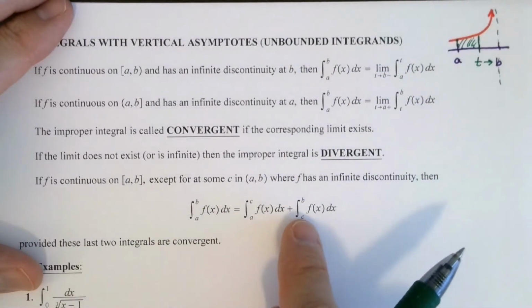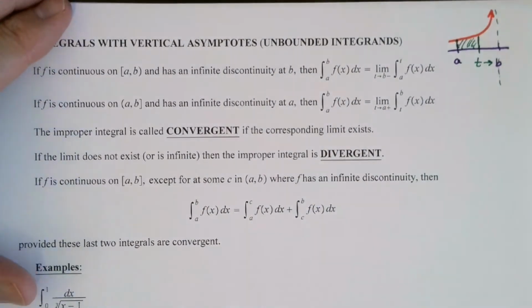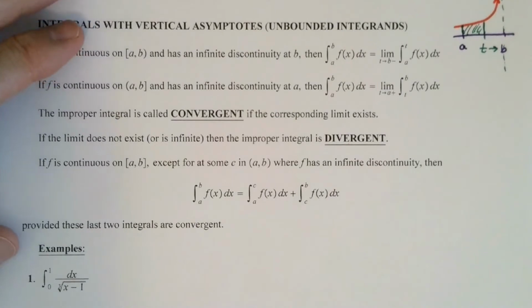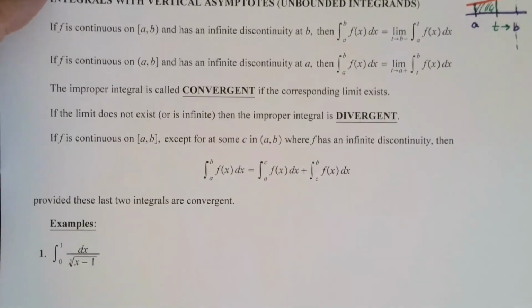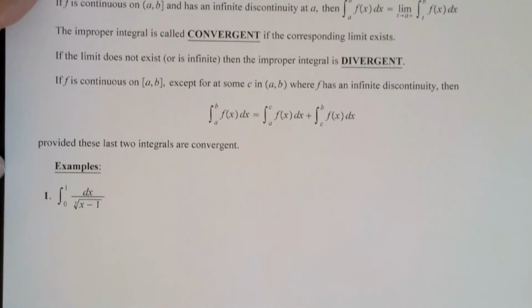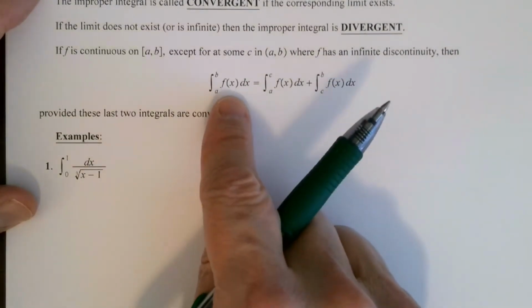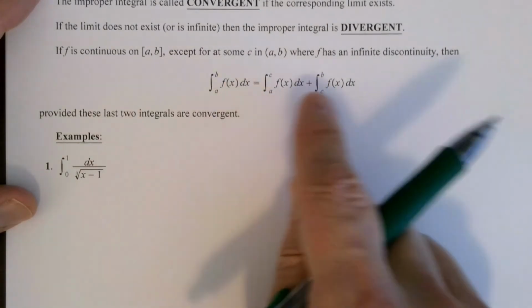And then this one would have it at the lower limit. So we'd have to split it up into two. It's kind of like the example we did at the end of the last video where we split the improper integral into two integrals. And of course, in this case, this integral will be convergent provided both of these integrals are convergent.